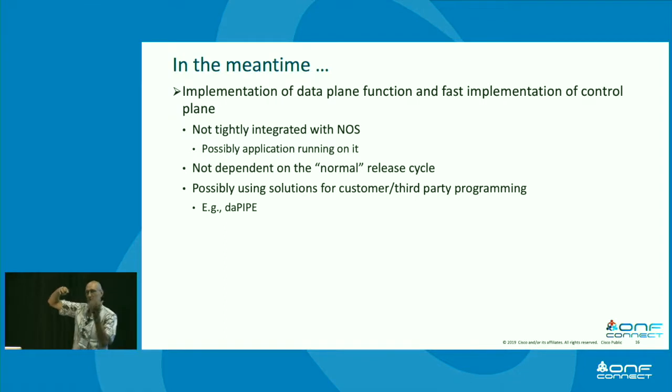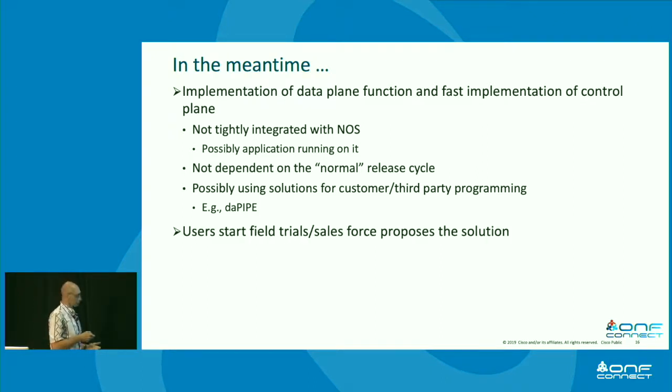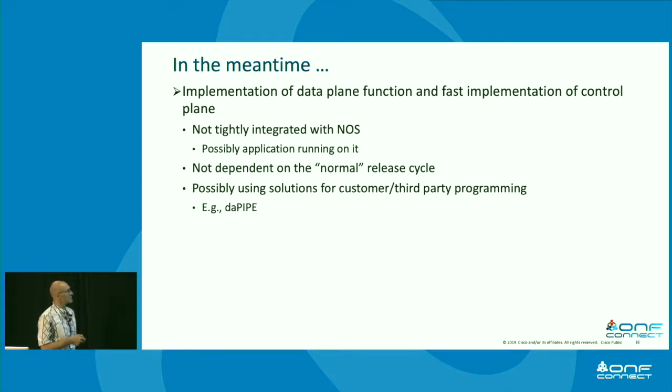So when the vendor wants to add a new function, he's not going to immediately implement it integrated in the operating system with the rest of the system. But it's going to implement it sort of beside the existing functions and control it independently of the operating system. So using basically the same tools that can be used for customer or third-party programming.